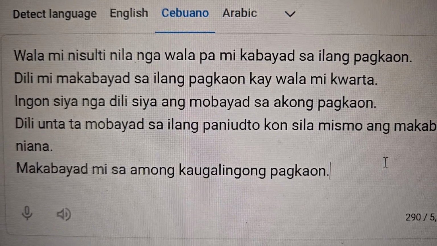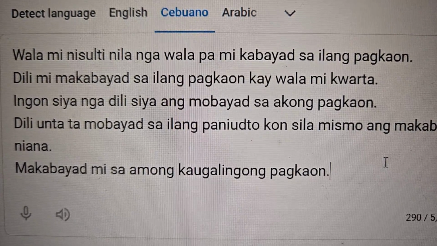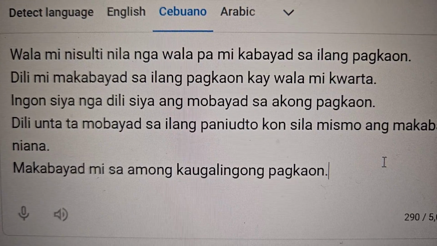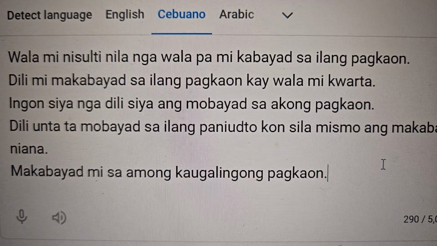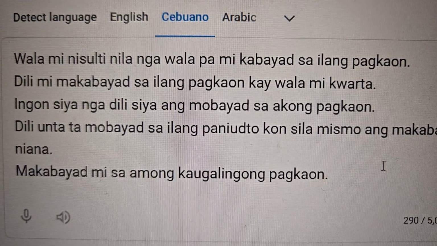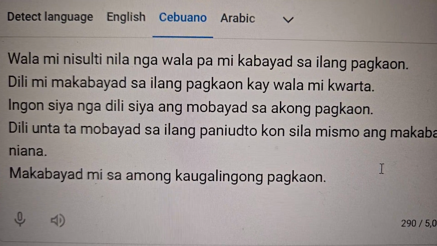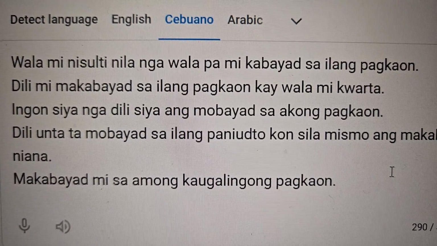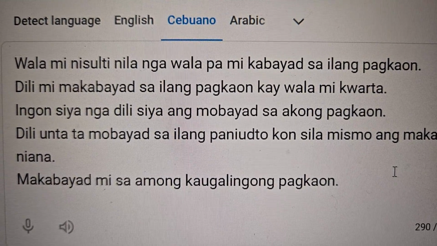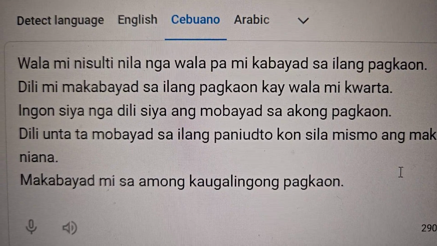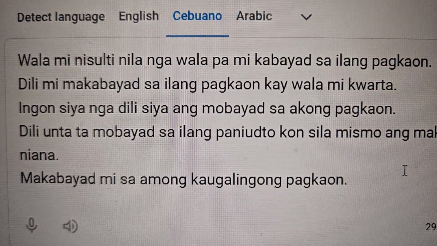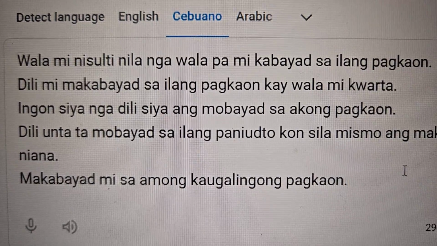The first one is: Wala mi nisulti nila nga wala pa mi kabayad sa ilang pagkaon. Okay, wala is used for an action that already happened, so we're talking about something that did not happen. Here mi is short for kami, which is we, if we're using it as the subject.